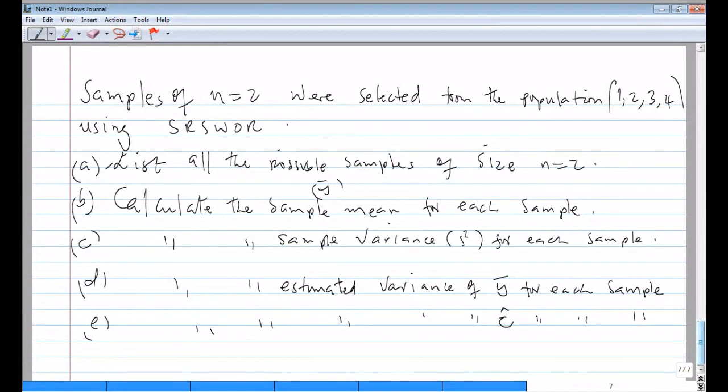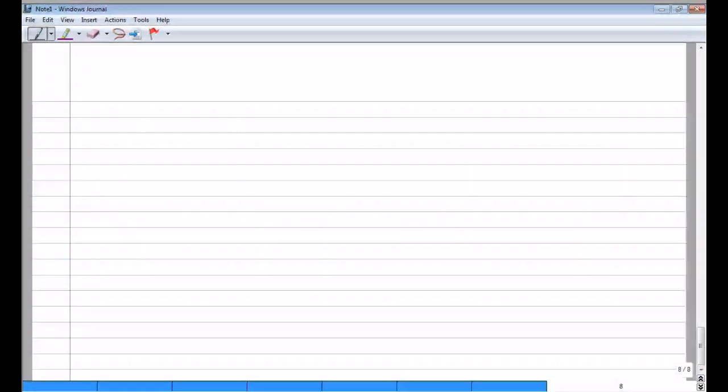Calculate the estimated variance of the estimated population total, which is tau hat, for each sample. Student: Thank you, sir.